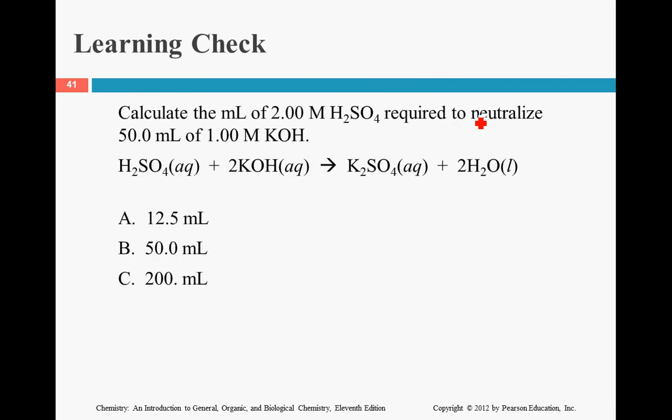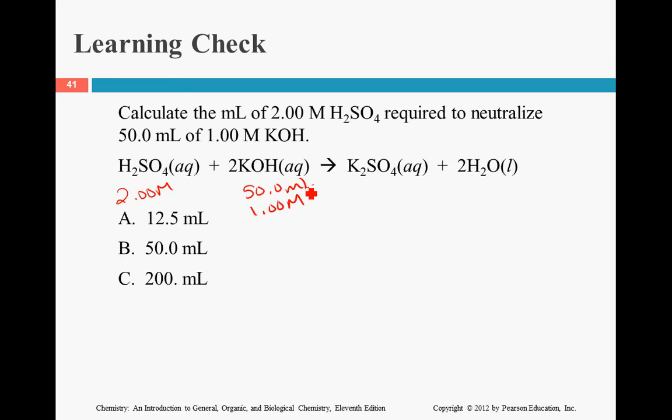Alright, so let's try another one. Calculate the milliliters of H2SO4. So if we have a 2.00 molar H2SO4 required to neutralize 50 milliliters of 1.00 molar KOH.